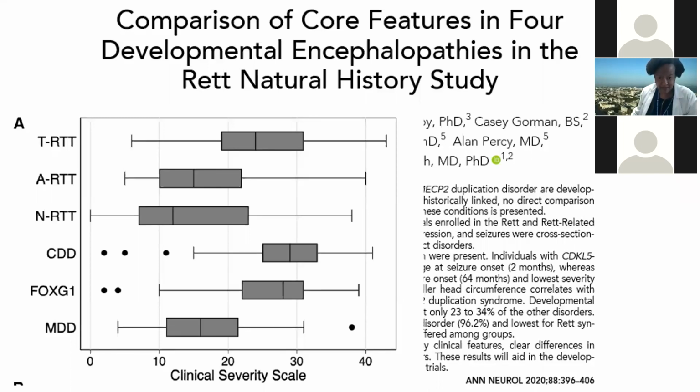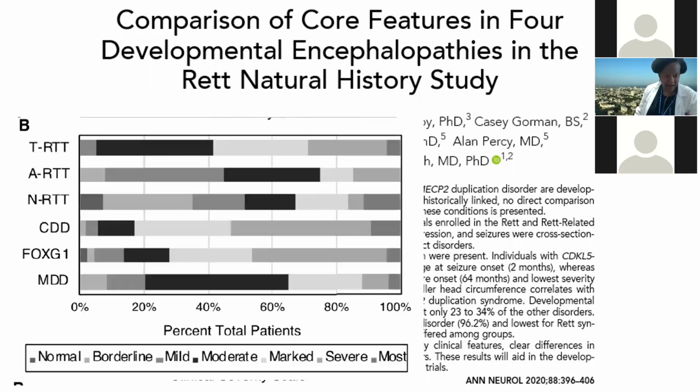And you can see the scale, the higher numbers mean more impairment on this scale, okay? You can see that these patients who have FOXG1, CDKL5, and Rett syndrome are almost equally impaired in terms of their clinical severity and the needs of these patients, okay?